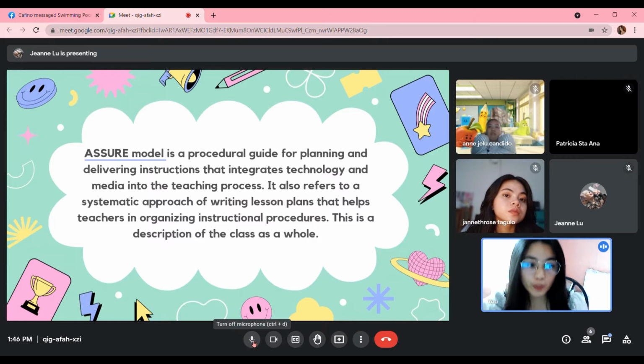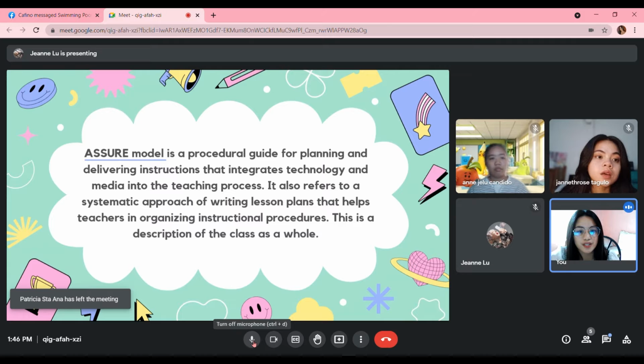So, before we go into deeper thoughts about the ASSURE model, let us first know the meaning of this instructional plan. The ASSURE model is a procedure guide for planning and delivering instructions that integrates technology and media into the teaching process.